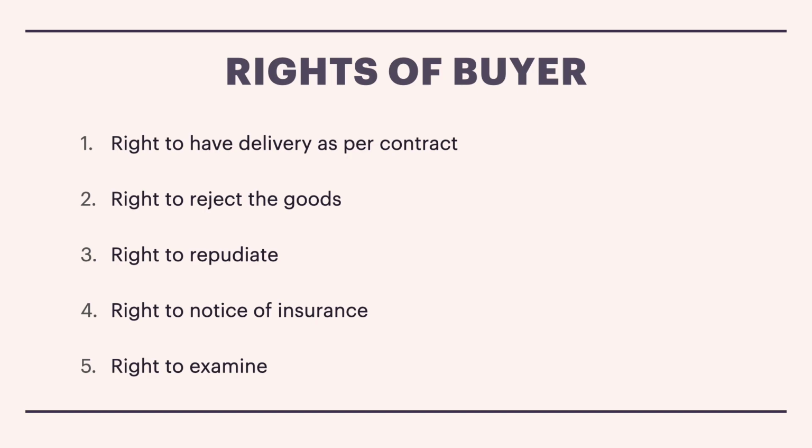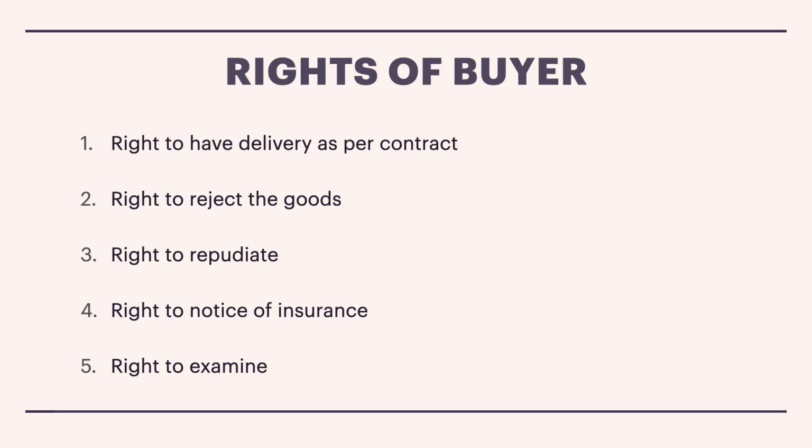In short, if the buyer has ordered only 100 kgs of a product and the seller sends 200 kgs, the buyer can reject the entire lot, or keep only the 100 kgs for which he ordered and paid the price, and return the rest 100 kgs back to the seller. Is that clear?